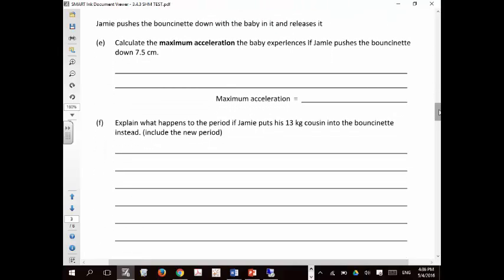Okay, Jamie pushes the bouncing net down with the baby in it and releases it. Calculate the maximum acceleration the baby experiences if Jamie pushes the bouncing net down that distance. So A max is equal to A omega squared, which is that first little part attached to the trig function for the acceleration, because the trig function only varies between 1 and -1. So A omega squared is going to be 0.075, which is the amplitude in meters, times omega squared.